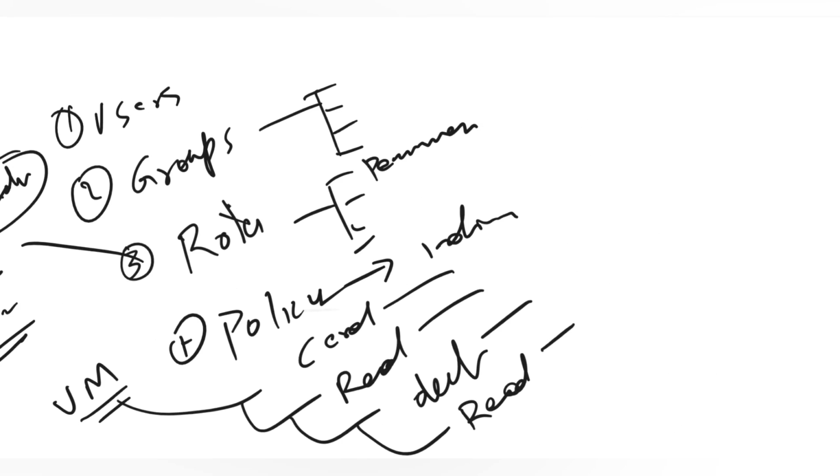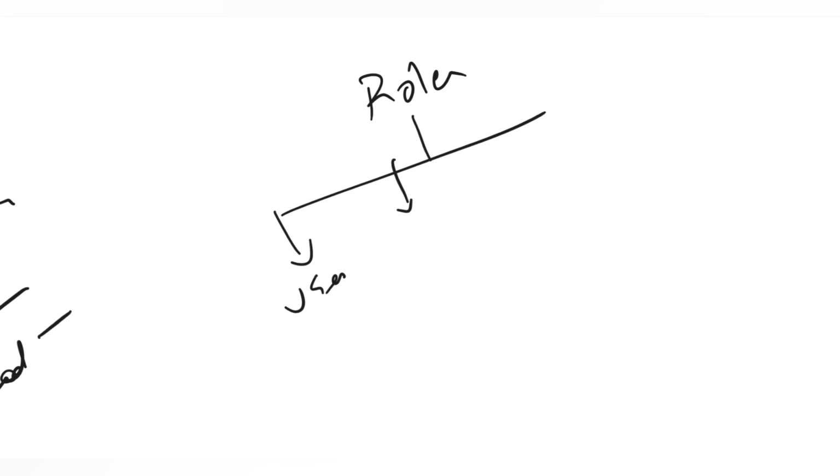When you talk about roles, you can assign a role to a user, or to a user group, or you can also assign it to Amazon services, for example an EC2 instance.